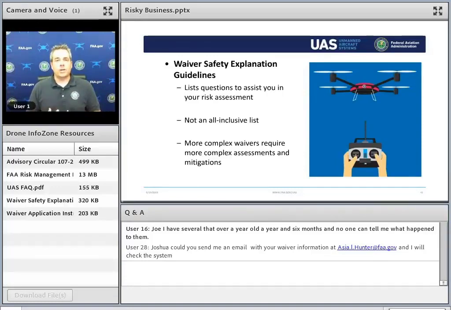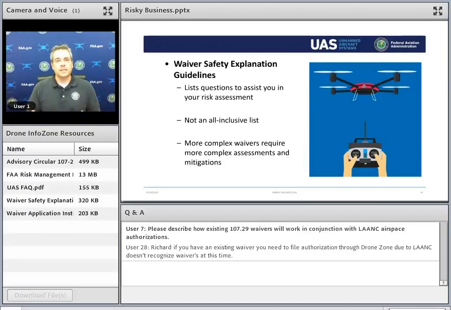There are lists of questions in there to get you thinking about hazard identification, risk assessment, and mitigation. Remember, as you move up that risk assessment matrix, as your operation becomes more complex, you're going to need to provide additional mitigation, assessment, and hazard identification strategies in your waiver application.